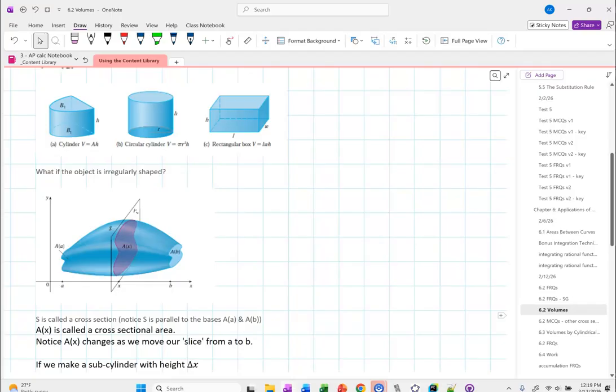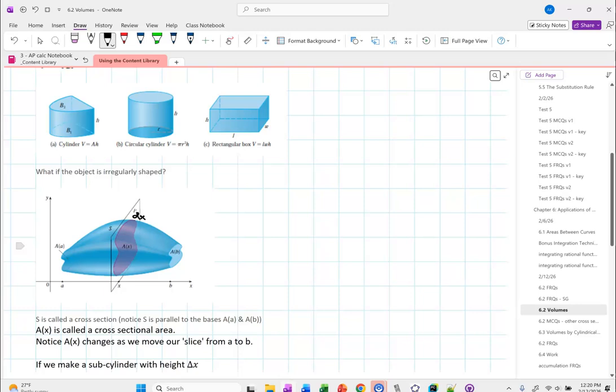So if my slice here has area A of x, it's going to have width dx. So the volume of that slice is going to be A of x times dx. Everybody's okay with that? I'm going to add that up for all possible cross-sectional areas.